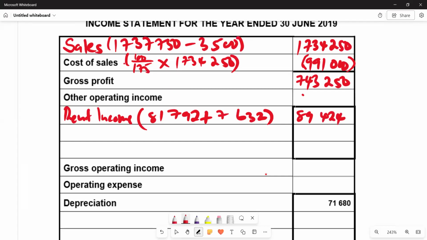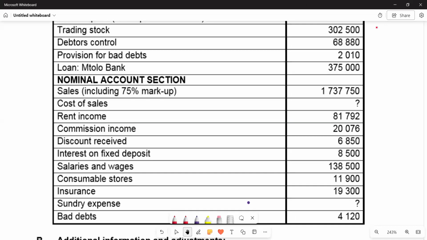Then we can as well try to go back and find another income that we can put under that section. So we try to check again after rent income what else income we have. We've got commission income that we have here, which is 20,076.